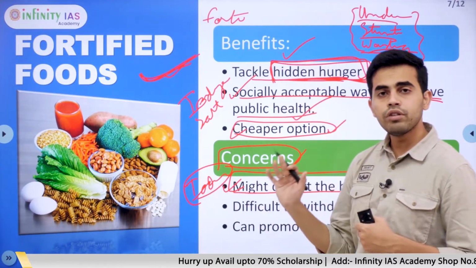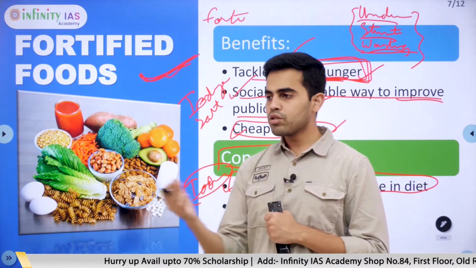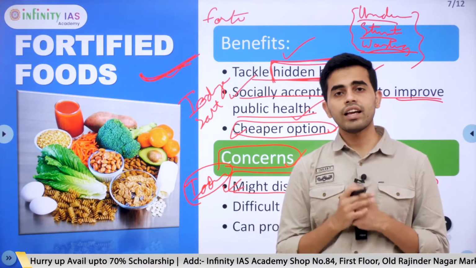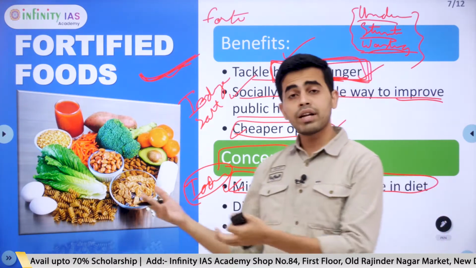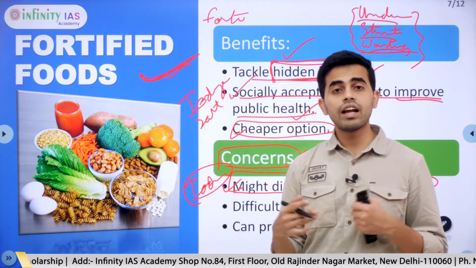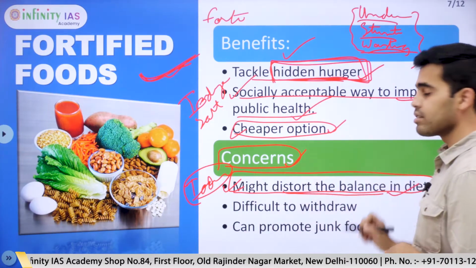It is almost universally accepted that salt is always iodized. So the patient will get iodine from the doctor because he is taking external medications. At the same time, he is also taking iodized salt. This might lead to increase in iodine content in the body. So it will distort the balance.